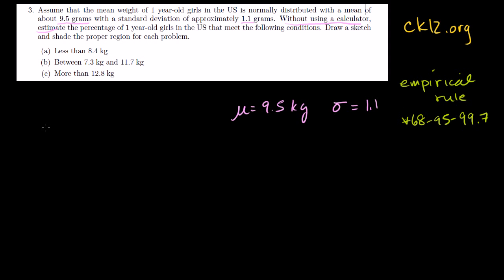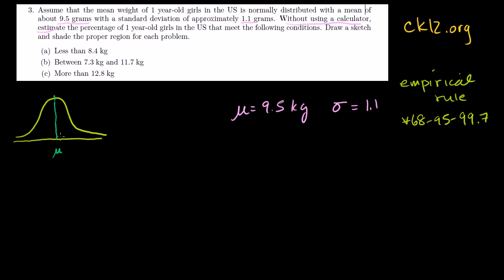What that tells us is, if we have a normal distribution, I'll do a bit of a review here before we jump into this problem. Let me draw a normal distribution. Say it looks like that. I didn't draw it perfectly, but you get the idea. It should be symmetrical. This is our mean right there.